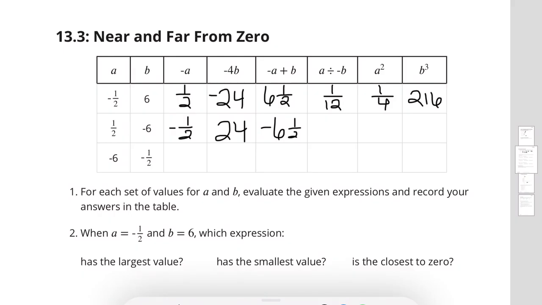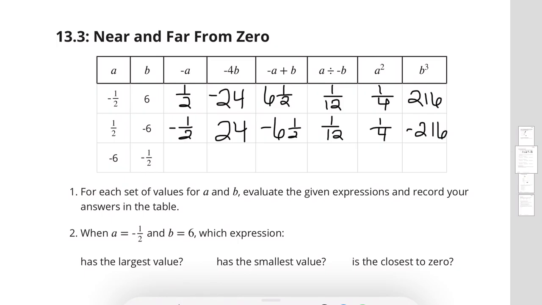A divided by negative B, positive 1/2 divided by positive 6 is again 1/12. A squared, so 1/2 times 1/2 be positive 1/4. And B cubed, so negative 6 times negative 6 times negative 6 would be negative 216, because that would be multiplying 3 negatives, which is an odd number.